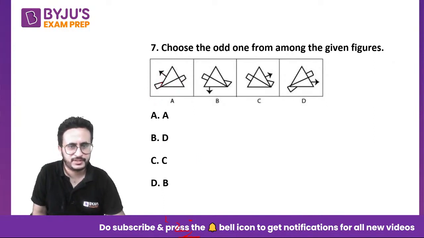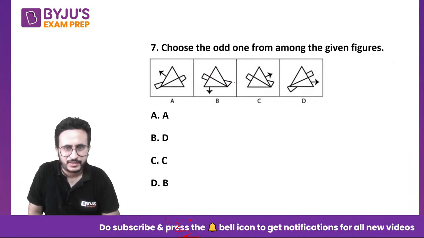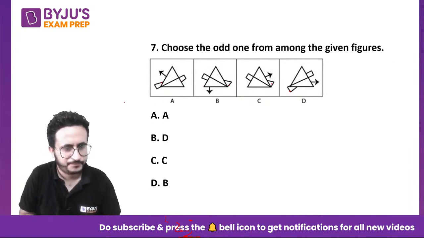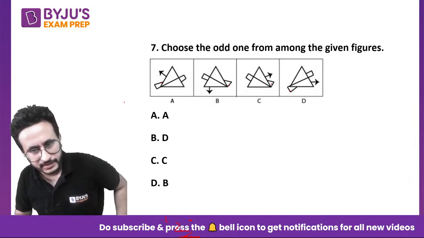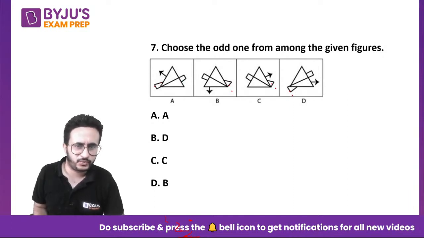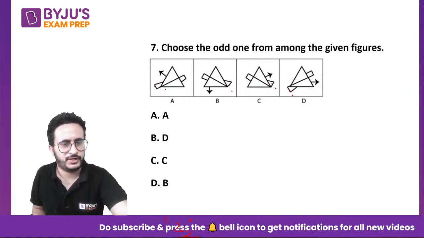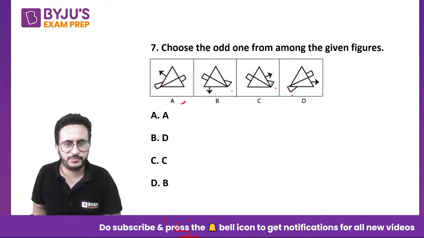Like if you see this, there are two quadrilaterals. Here we have what you can call a rectangle, not exactly a rectangle, and it has a triangle. This also has a triangle, sort of, right? But this one does not have an entire triangle. So these three are triangles, and this has what you can call a quadrilateral, a trapezium sort of thing, on this side. So that could be one reason for odd one out.